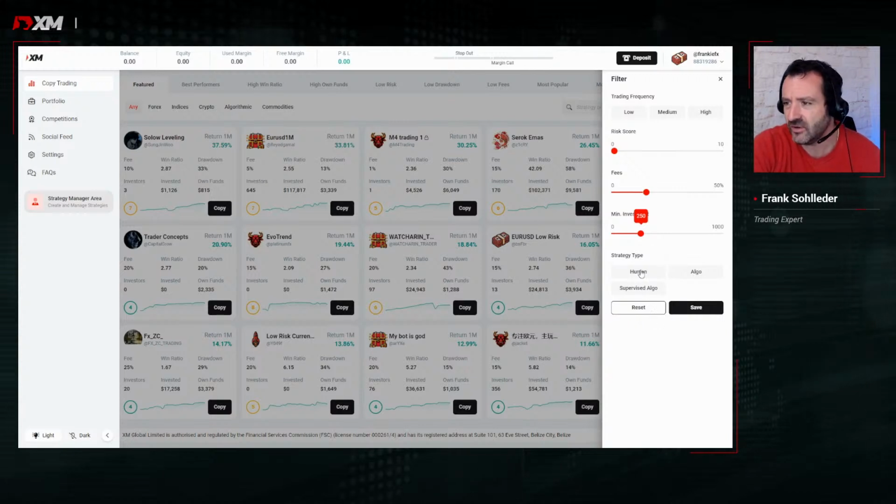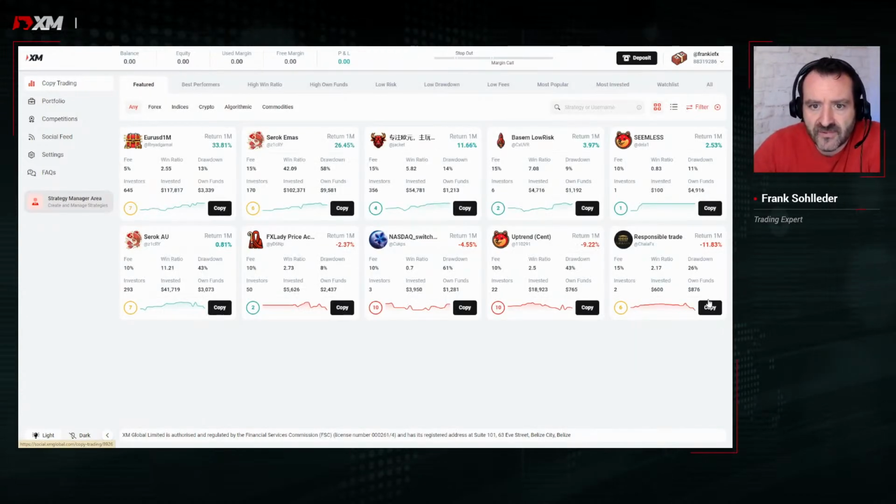And the trading frequency, I don't mind so much if it's many trades or few trades. I also don't mind so much if it's human traded, algo or supervised algo. So let's find strategies like that. And then we have quite some filtered strategies here that could fit our needs.